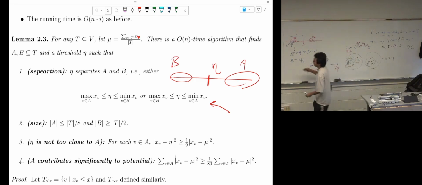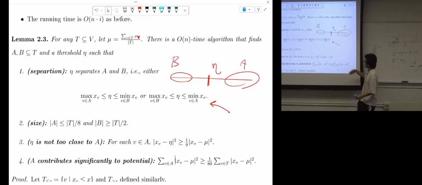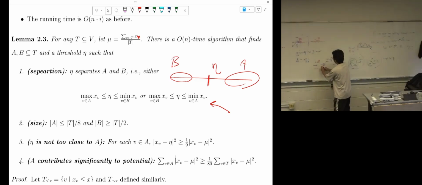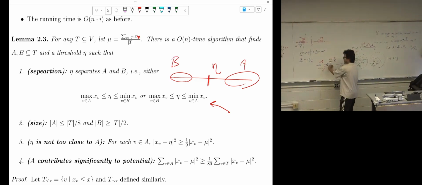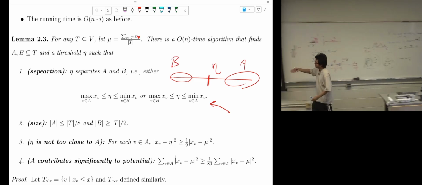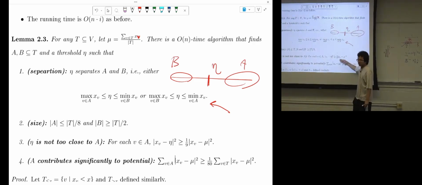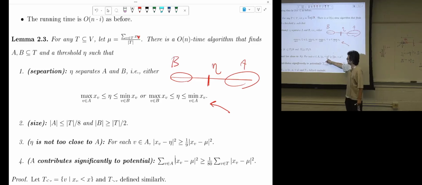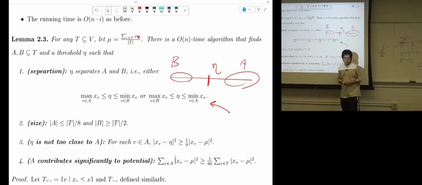And for the third property, you're going to have that too, because you shift eta to this side by something tiny. So the distance from everything in A to eta is not much smaller compared to the distance to mu. Okay?